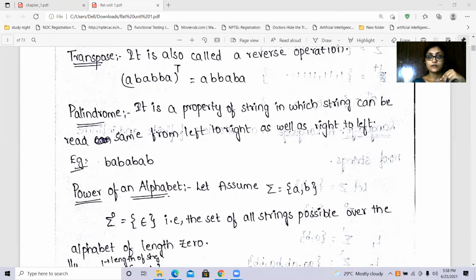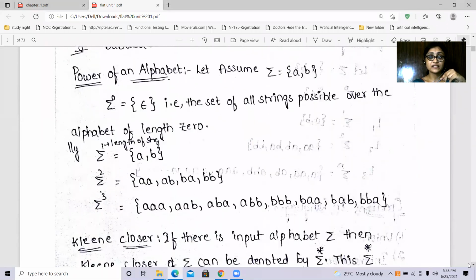Let us go to the next topic. The next topic is power of an alphabet. Let us assume that there is an alphabet A comma B. We can say that sigma power 0 means there will be only one element and it will be epsilon. That is the set of all the strings possible over the alphabet of length 0.